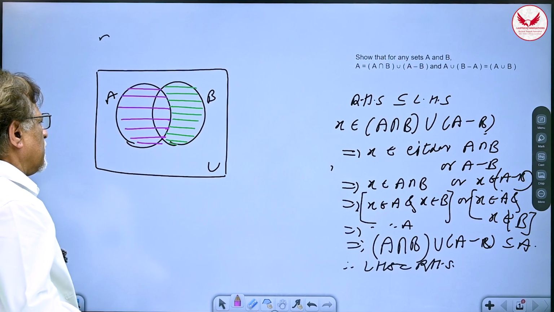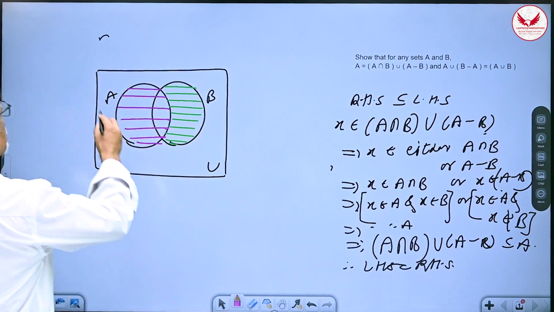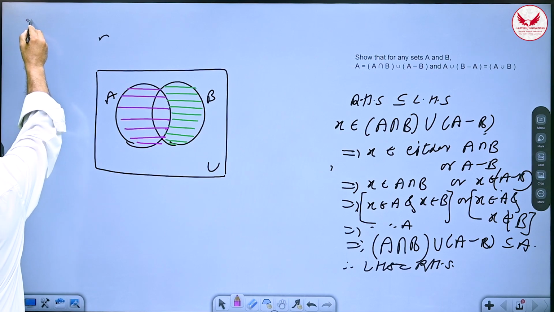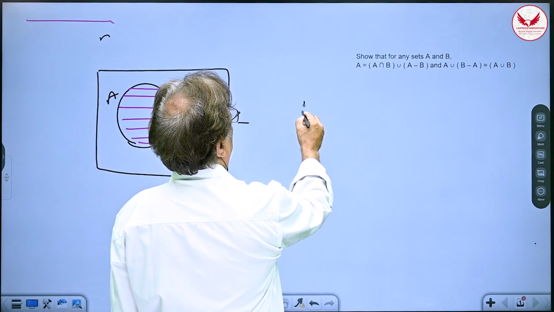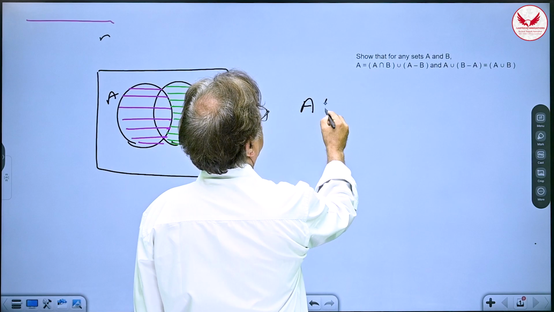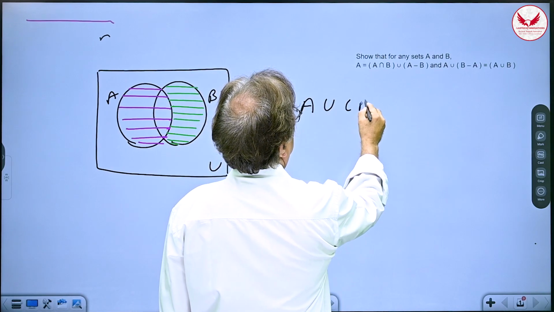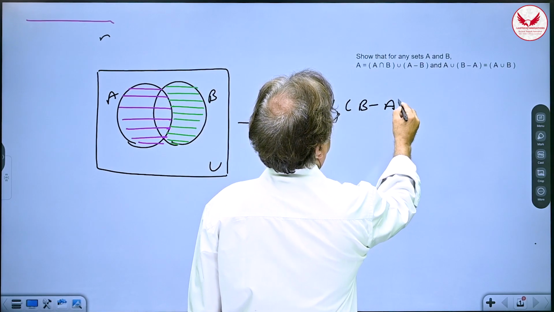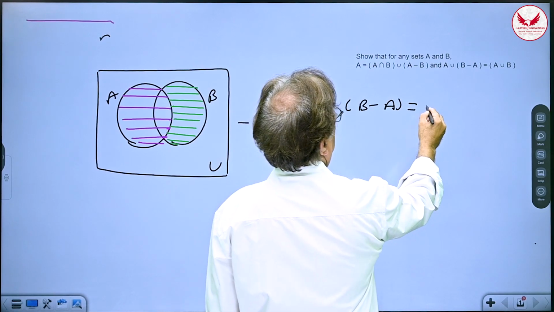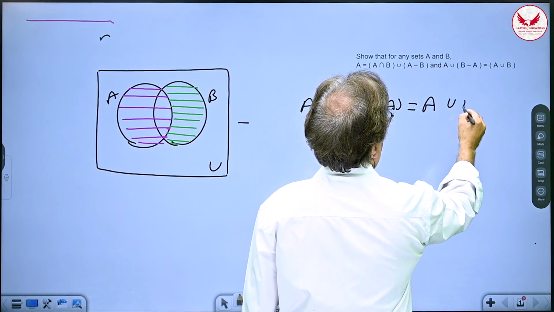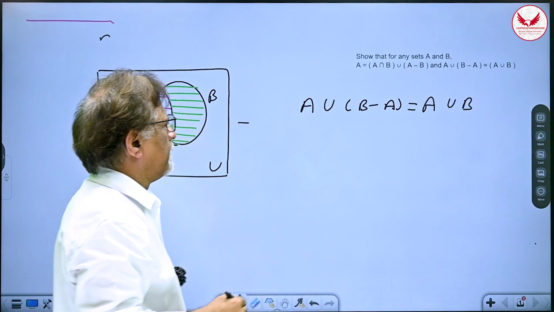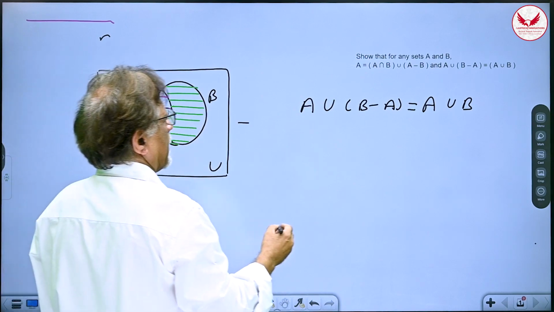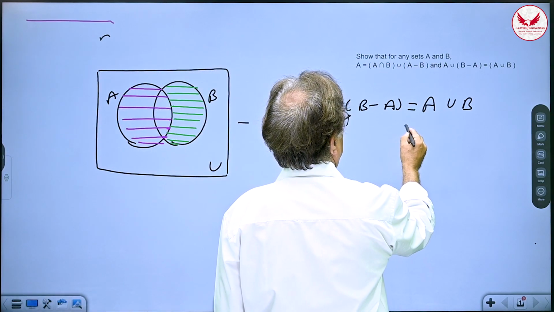Okay. So now this is the diagram. Let us keep this diagram here slightly like this. So we want to prove now A union B minus A is nothing but A union B. Now, I want to take help of an identity here.